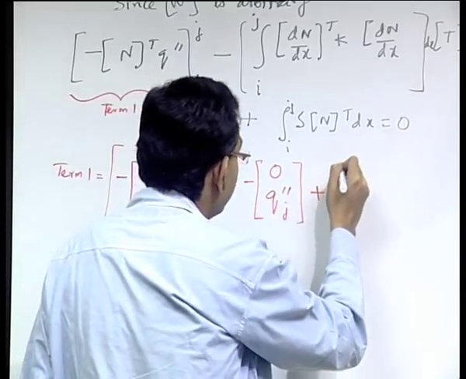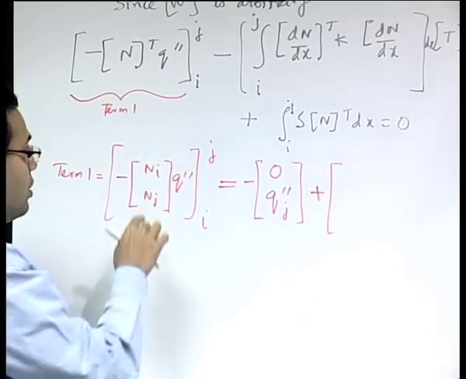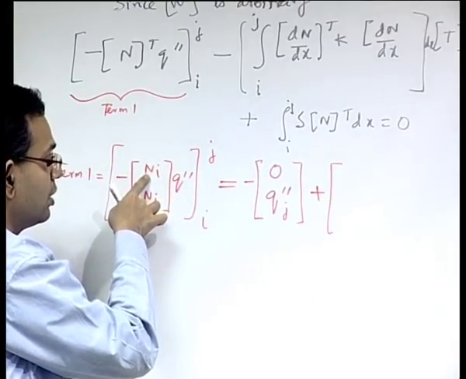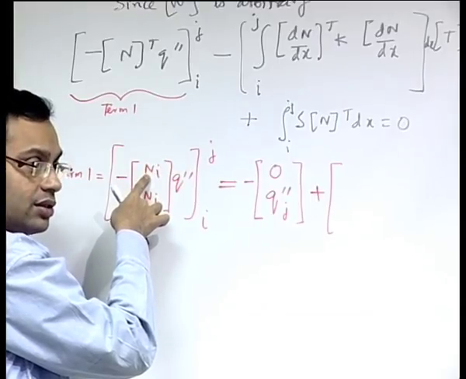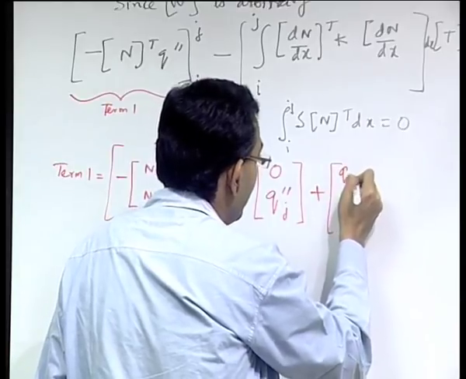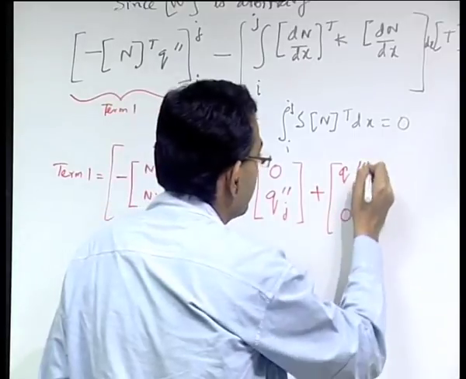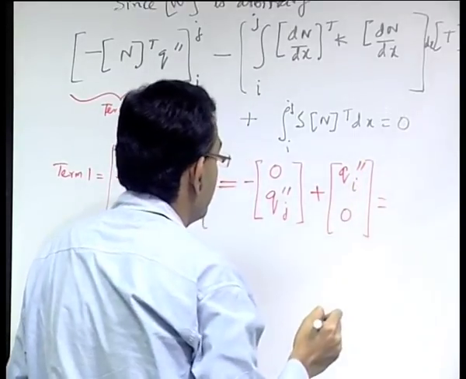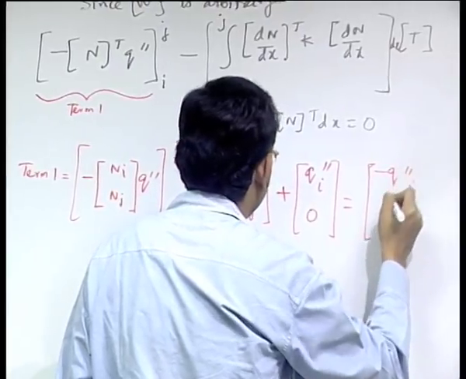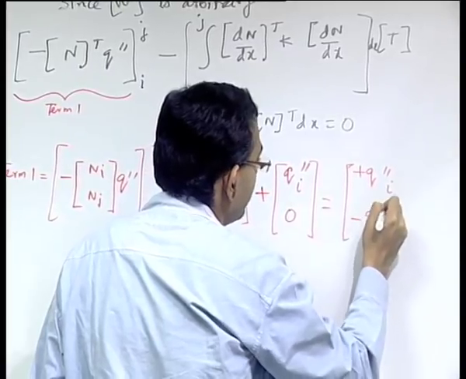Then the lower limit, Ni equal to 1 at i, so q double prime i, and this is 0. So it is minus q double prime i, sorry, plus q double prime i and minus q double prime j.